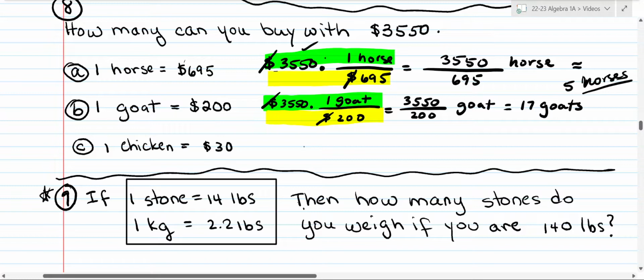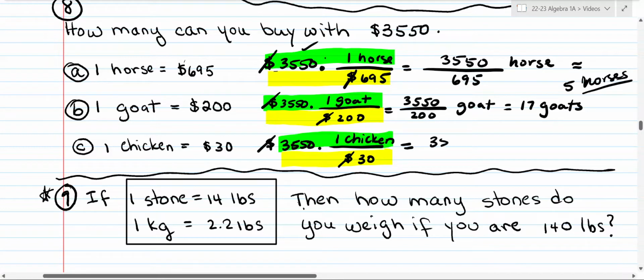So here we go. You have $3,550, and you want to know how many chickens. So one chicken is $30. Once again, this is the setup because money over money is 1. And then you gather your numerators, you gather your denominators, right?